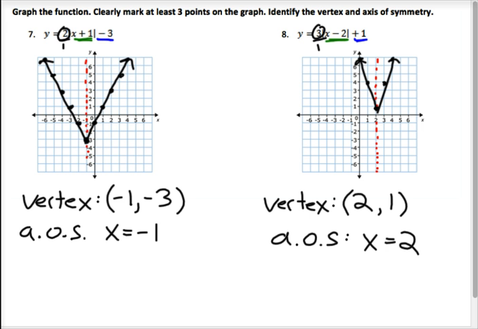I connect my lines, and there we have it. So again, importantly though, make sure you label your vertex and your axis of symmetry, and then also make sure you're getting a V-shape. If you somehow do not get a V-shape, that really means you need to go back and look at it again, because that means something went wrong when you were making your graph.